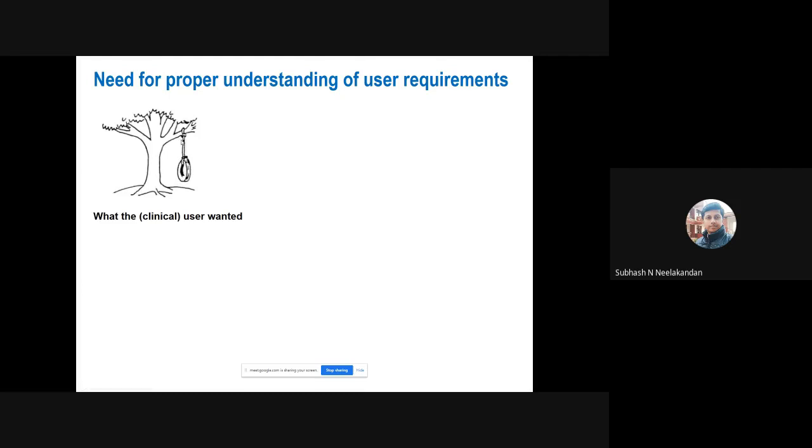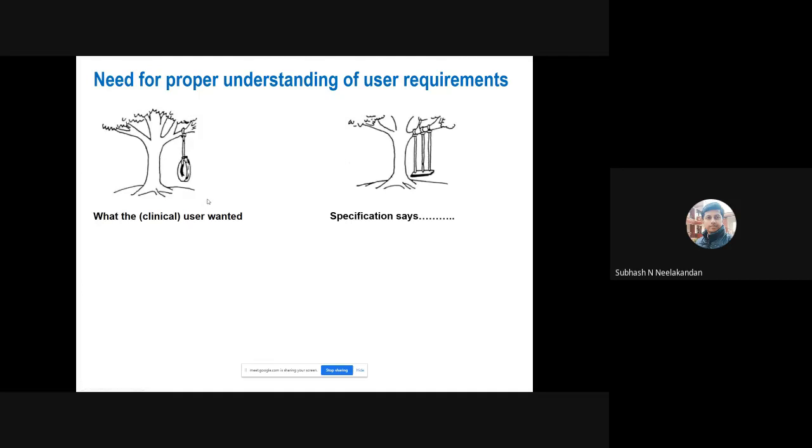When he tried to convey this idea to his engineer, the engineer needs to develop a specification based on the input which he received from the user or the clinical side. So what if an engineer generates a specification which is wrong, which may not be giving the functioning which the clinical user wanted?